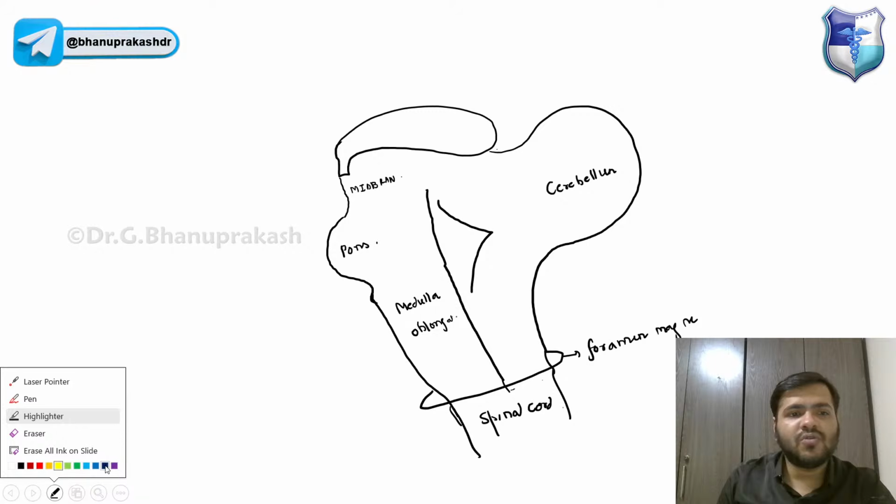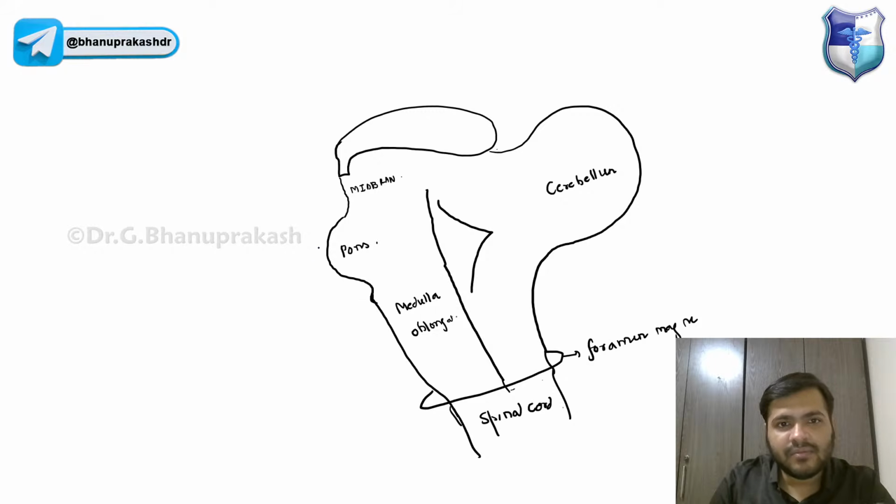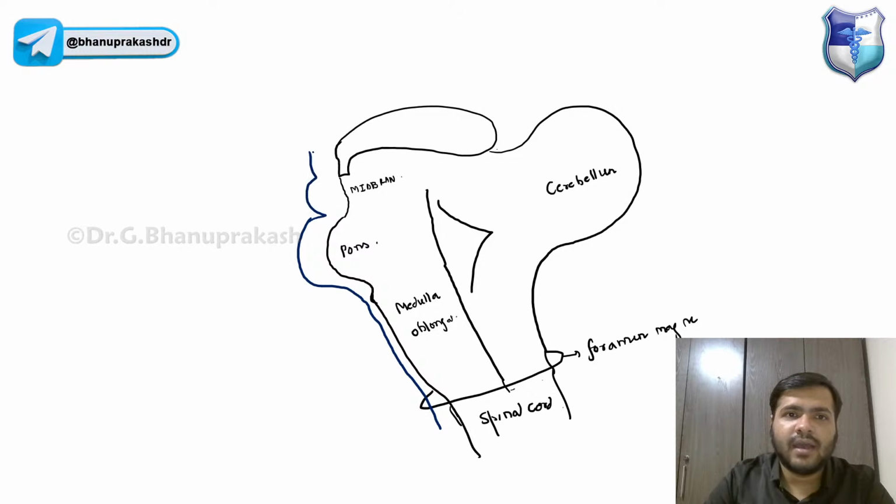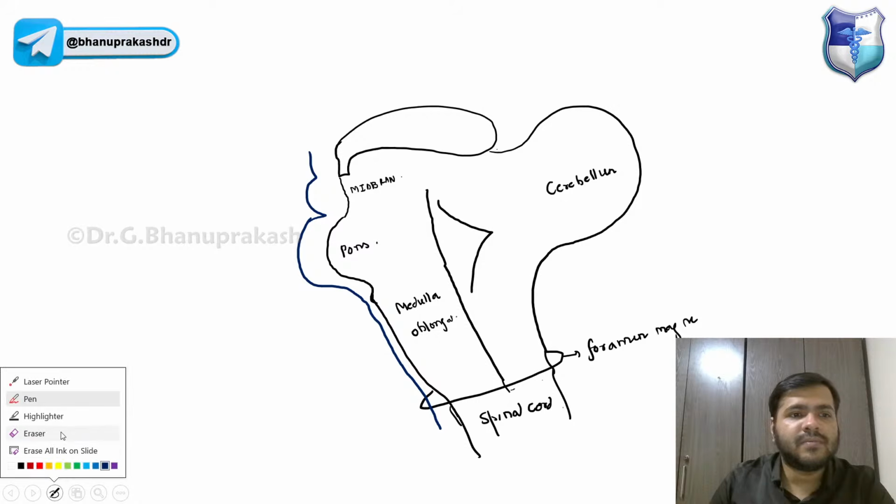And if I want to show the arachnoid mater over here, we have large spaces in front of the pons, continuous with the medulla oblongata. We have a large space in front of the midbrain also. And remember over here, let me show you.